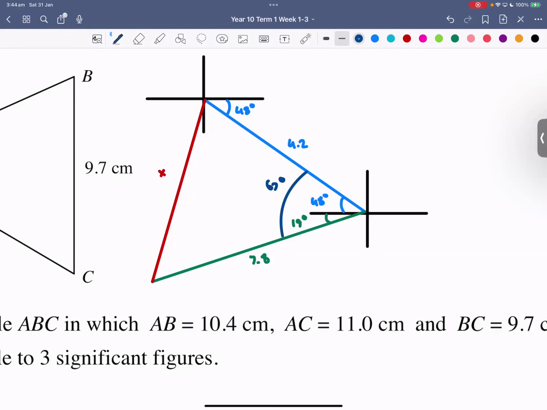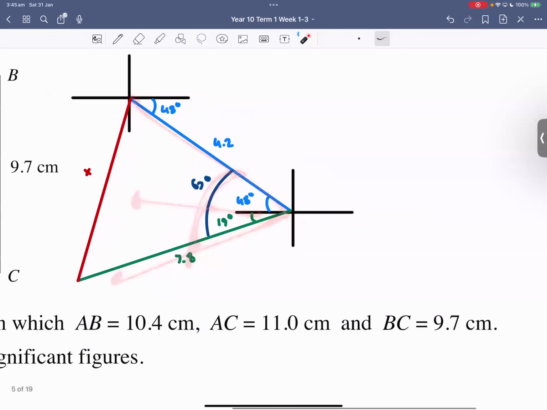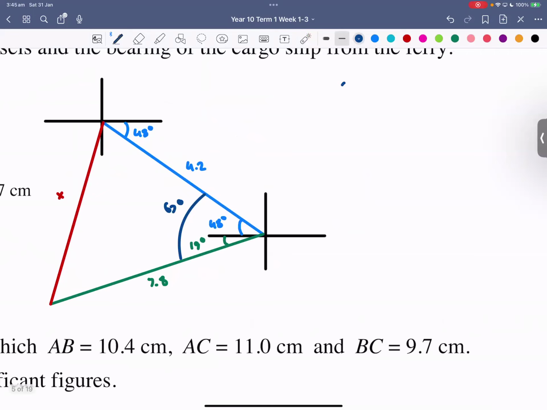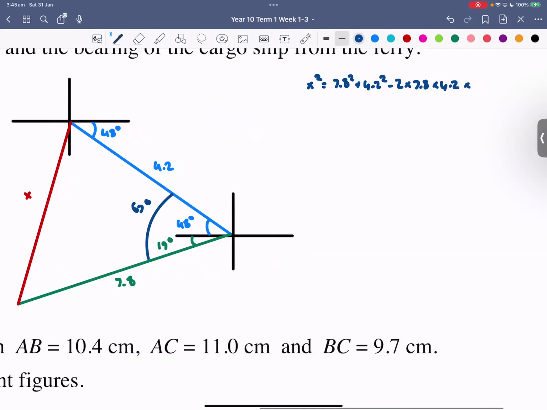And what rule do you use if you have two sides and the angle in between? Cosine rule. Two sides, the angle in between, we can go straight one shot and use cosine rule. So cosine rule says that x squared equals 7.8 squared plus 4.2 squared minus 2 times 7.8 times 4.2 times cos 67 degrees. Please don't forget to square root your answer, otherwise you'll get a silly answer, which makes no sense.